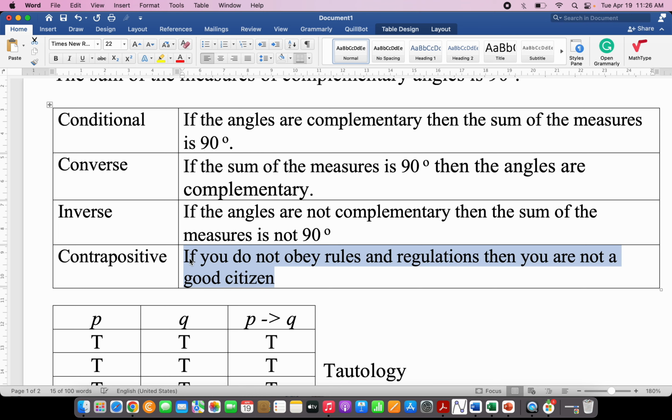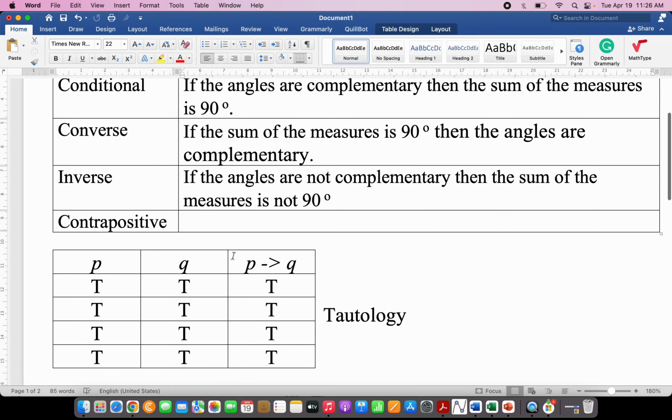And for the contrapositive, we have to negate the converse statement.